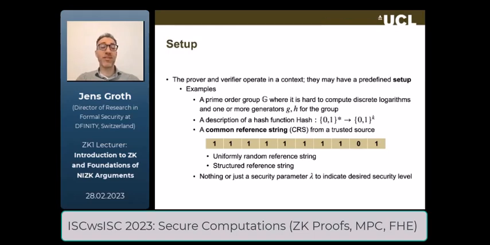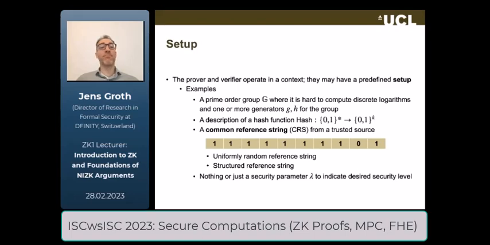Some of these are more plausible than others, more trustworthy than others, right? So if you need a uniformly random string, you could imagine looking at fluctuations in sunspots, as people have suggested, right? And presumably nobody can influence the sun. It's plausible that you actually get something that's uniformly random and not influenced. If you need a structured reference string, then there's a question of how it is selected according to that distribution.